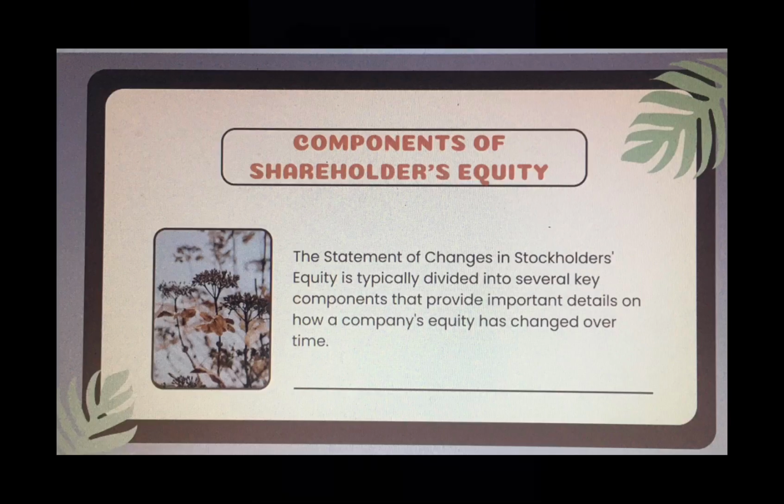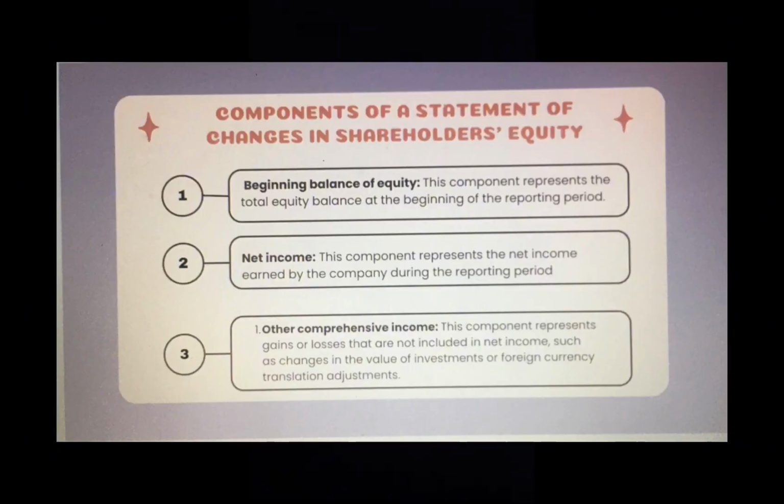Components of shareholders' equity. The statement of changes in stockholders' equity is typically divided into several key components that provide important details on how a company's equity has changed over time. So the first one is the beginning balance of equity.